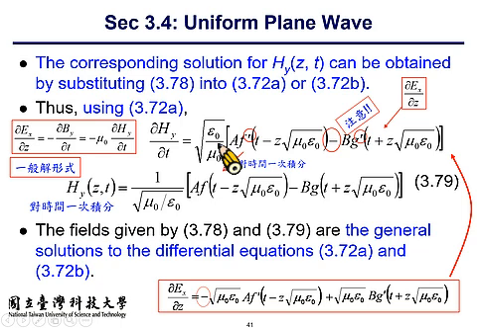So the second step is to perform the integration of Hy with respect to t. So it becomes this. So notice that the general solution of Ex is AF plus BG.